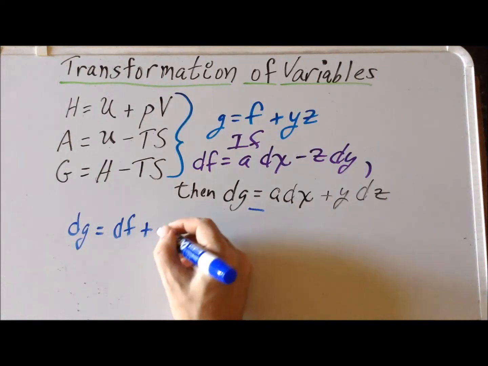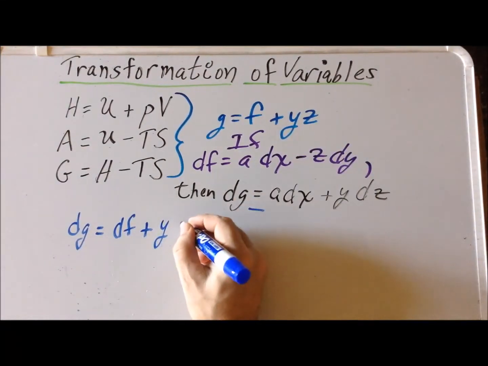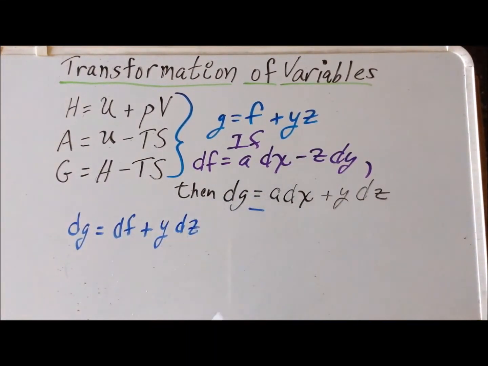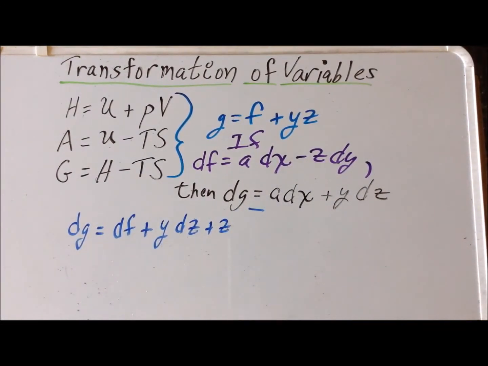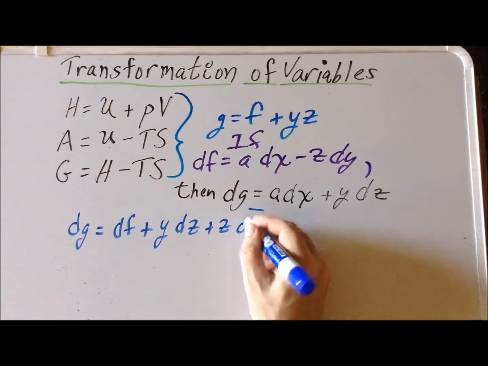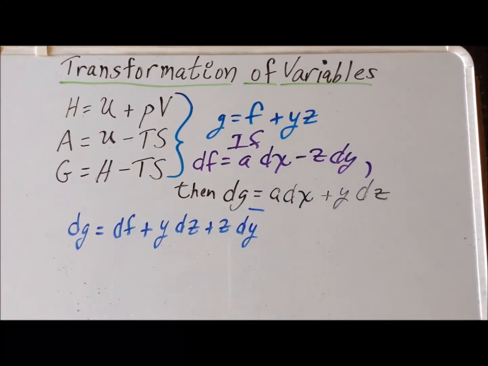So that's going to be the first, y, times the differential of the second, dz, plus the second, which is z, times the differential of the first, so that gives us dy. We're just able to do this by using the rules of differentiation on our given function g.